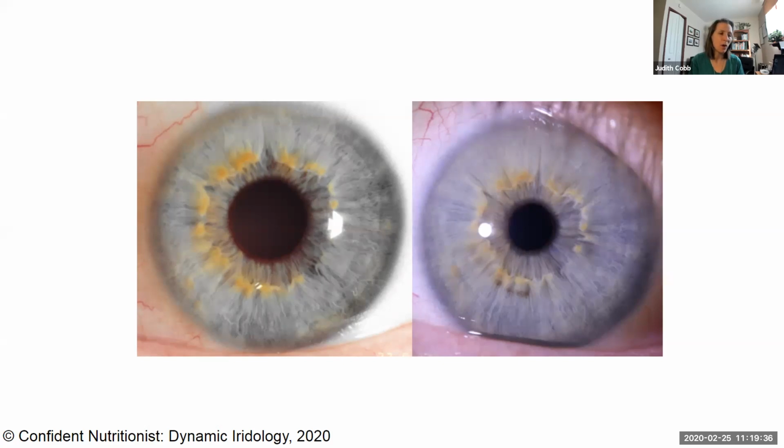And so we need to then ask him questions about that. So questions about that brown pigment would be things like, do you have any history of liver symptoms? Now, most of your clients don't know what a liver symptom is. They don't realize that their liver is so important and that it does so many different jobs. So we have to break it down. Things like, when you eat fatty foods, do they feel okay?